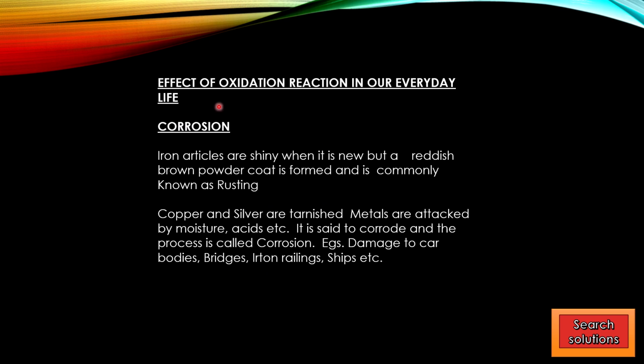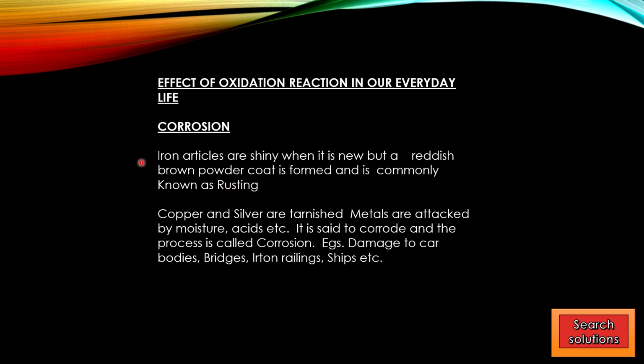The fourth column tells about the effect of oxidation reactions in our everyday life. That is, the fourth column I refer to in the summary table which we have prepared. Here, the main thing discussed is corrosion or rusting.